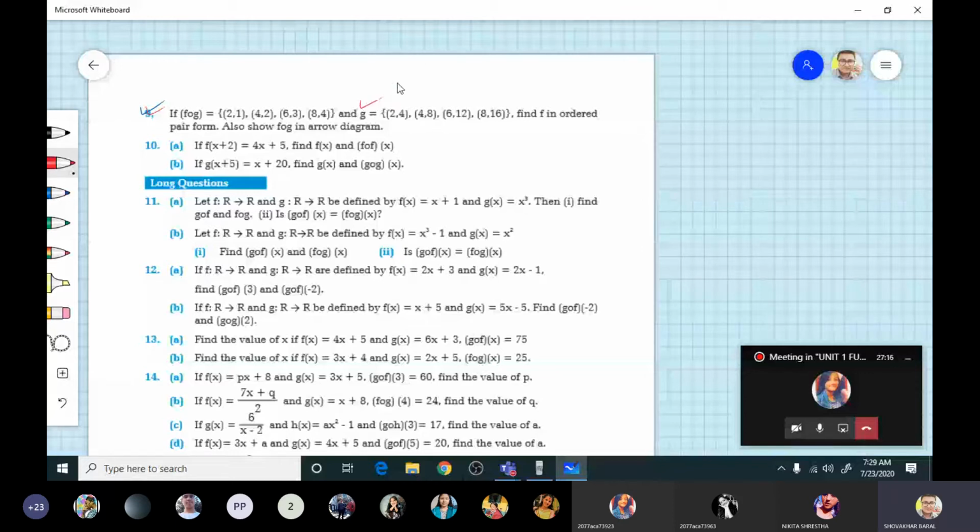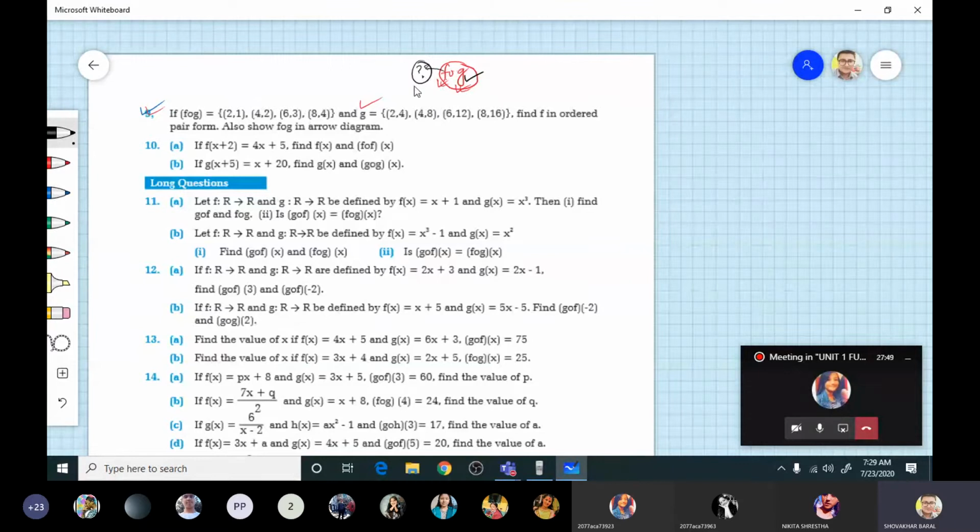In f composite g there are two functions, f and g. Here f composite g is given, g is also given, and you are asked to find the function f in ordered pair form.